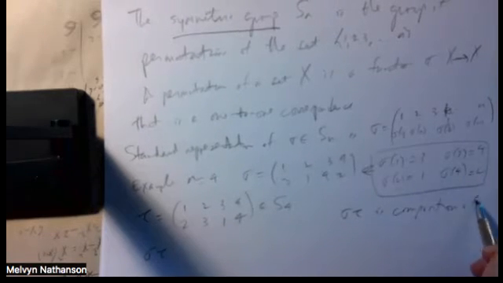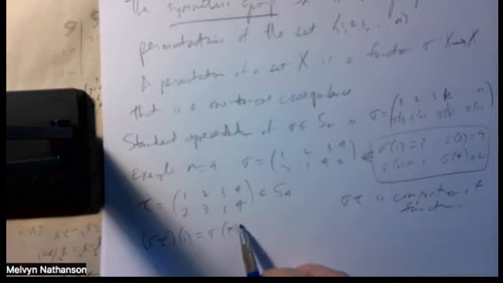So you want to compute sigma tau. Multiplication of permutations is composition of functions. Sigma tau, this product, is composition of functions. So how do you compose functions?